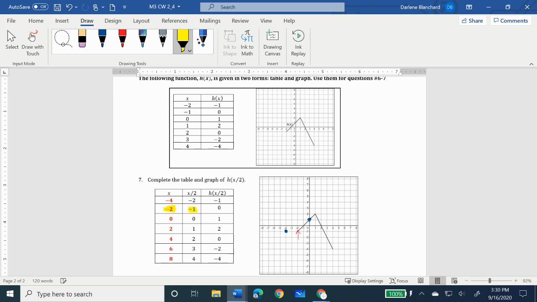Oh, -1. All right. And then H says, who goes there? It's -1. I give you 0. So when I go to plot that point, x is -2, and I get as a final output 0, this point right here.